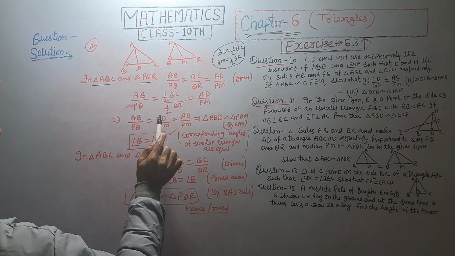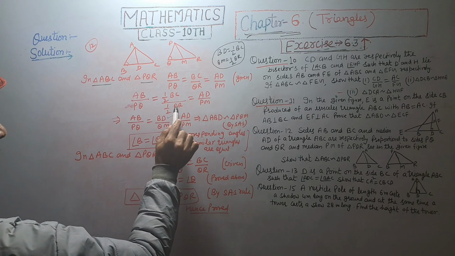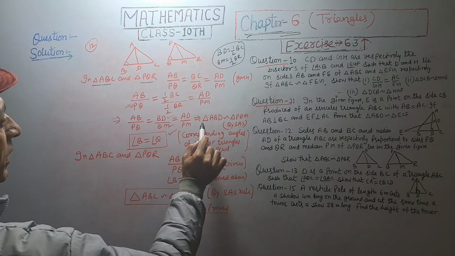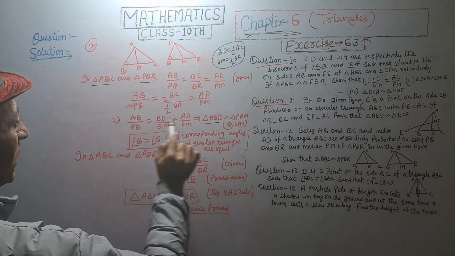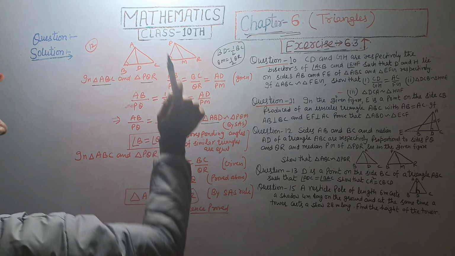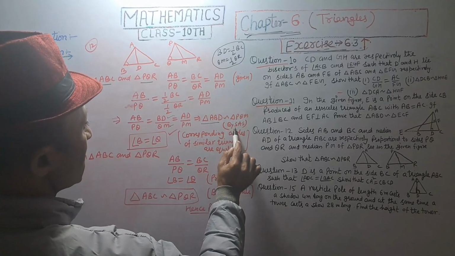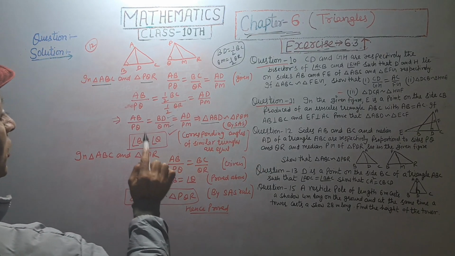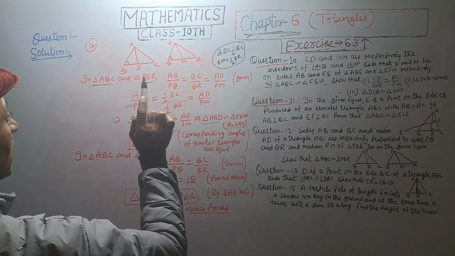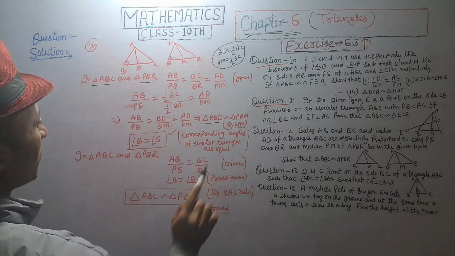Half of BC is BD, half of QR is QM, equal to AD upon PM. This implies triangle ABD and triangle PQM are similar by SAS rule, and corresponding angles of similar triangles are equal.